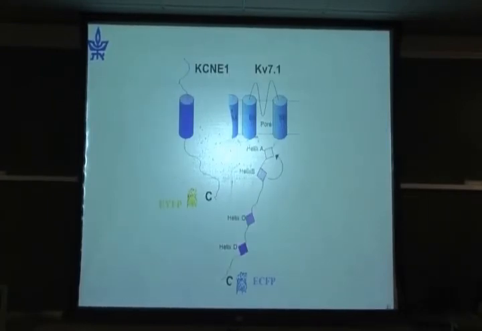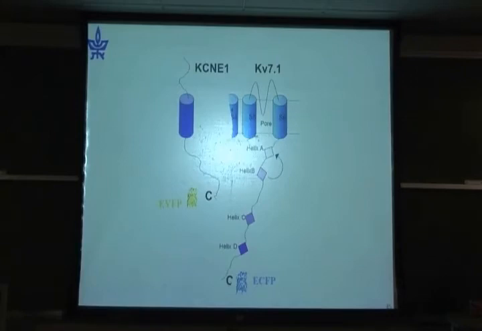And this is the last part of the results, we wanted to analyze. Of course, all these are ongoing. These are not yet published data, and we are now trying to crystallize the C terminus of the beta subunit together with the coil-coil helix and even the whole C terminus of the Kv7.2.